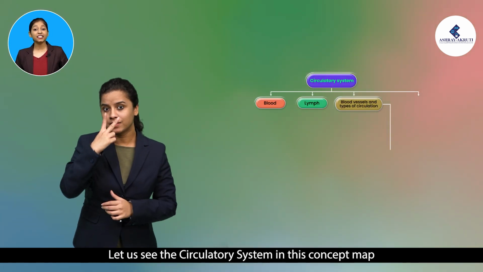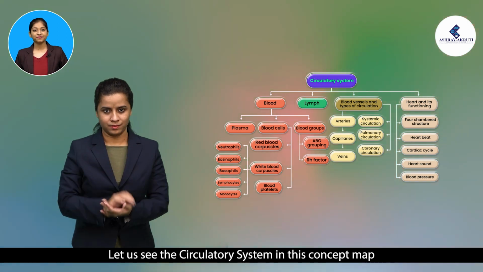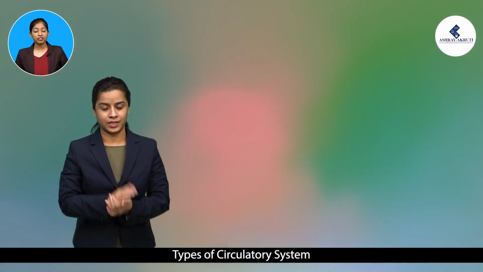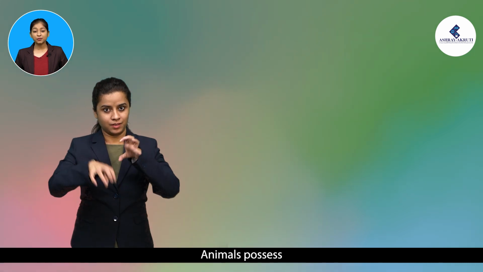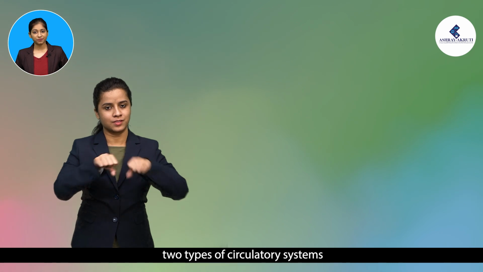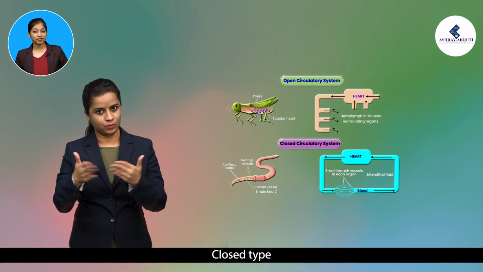Let us see the circulatory system in this concept map. Types of circulatory system. Animals possess two types of circulatory systems: open type, closed type.